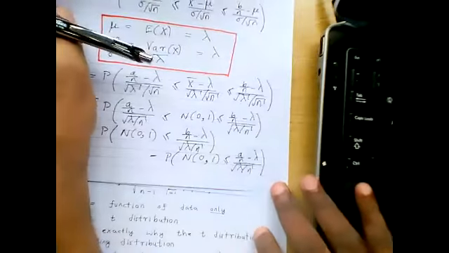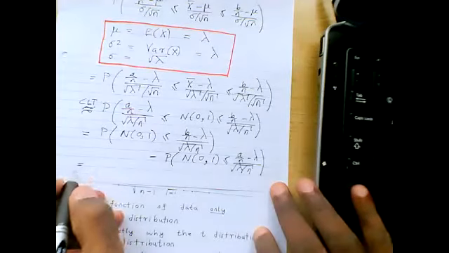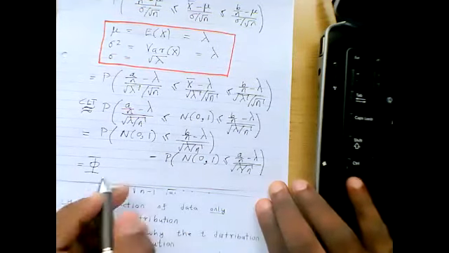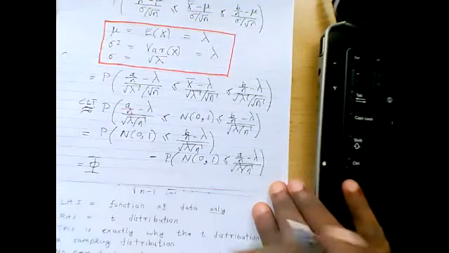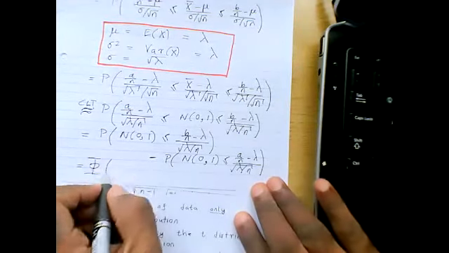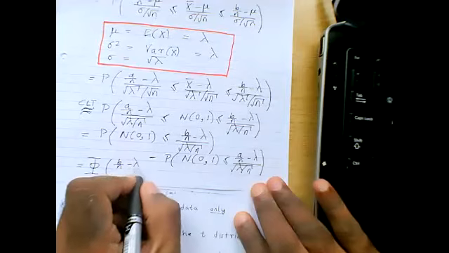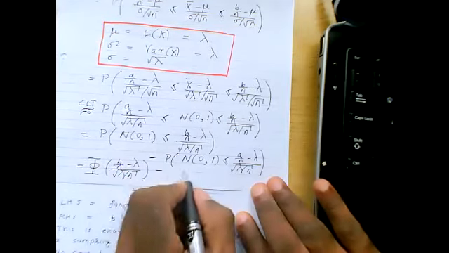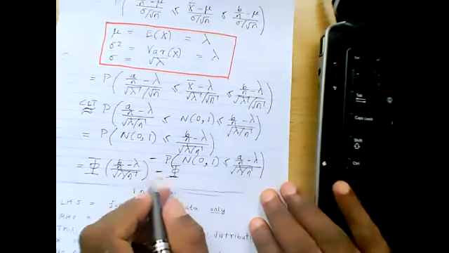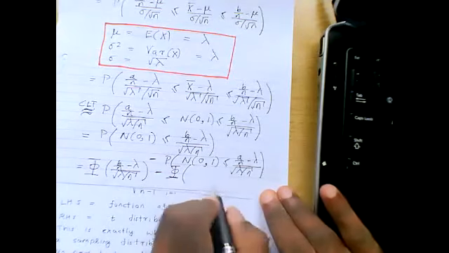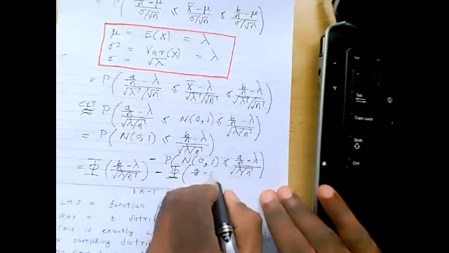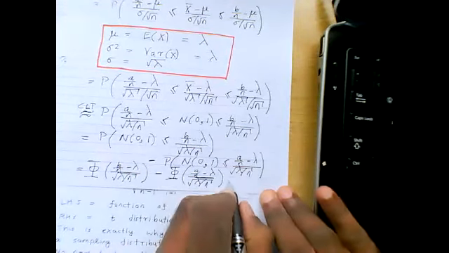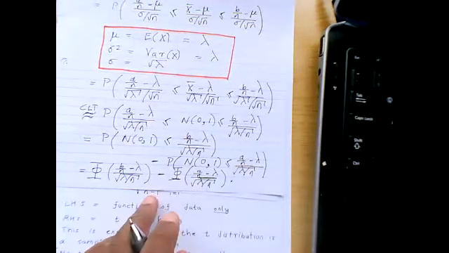And finally, this term can be written as phi. Remember, phi denotes the CDF of a standard normal variable. And this term here can be written as... all right, so this completes example 1.